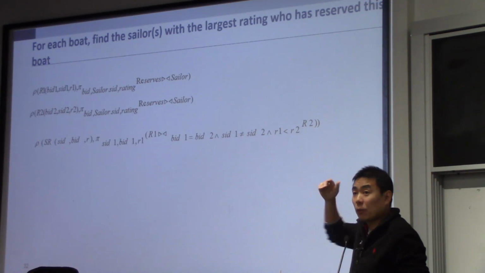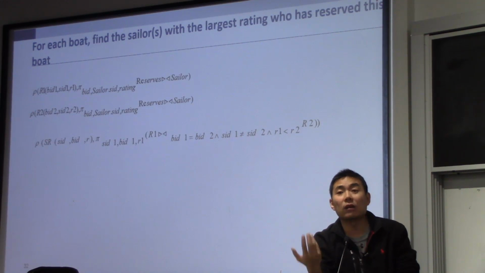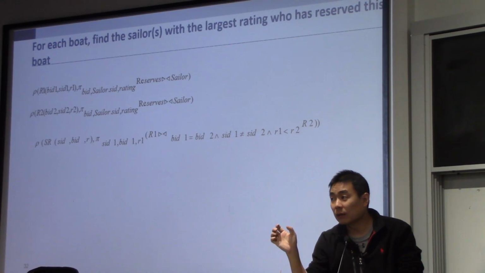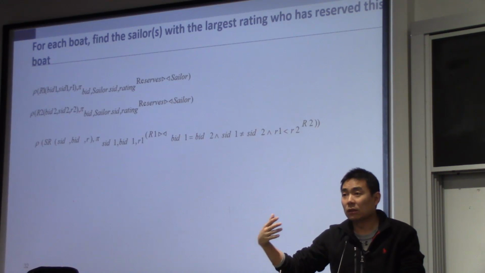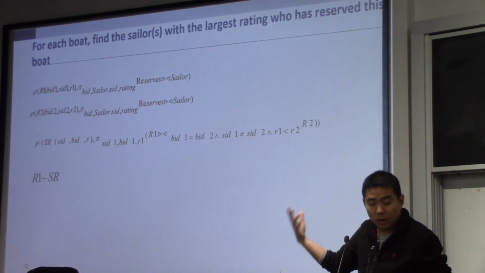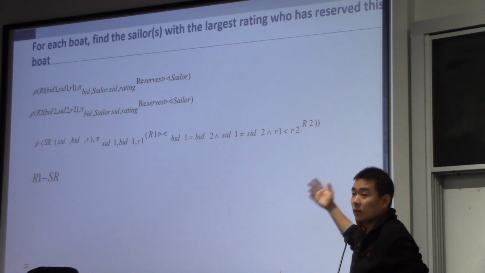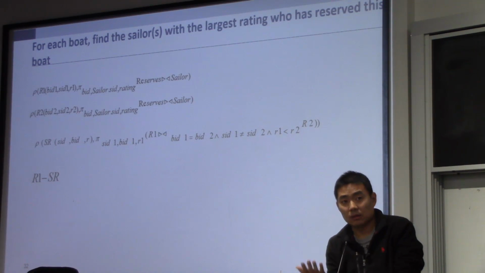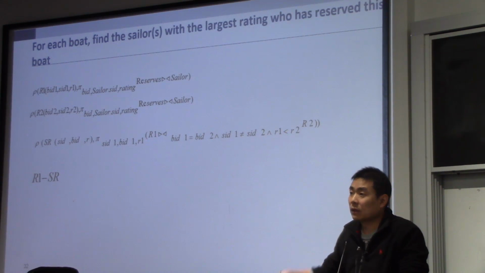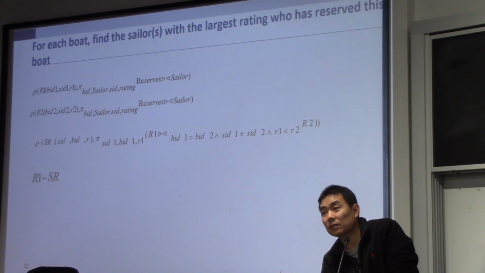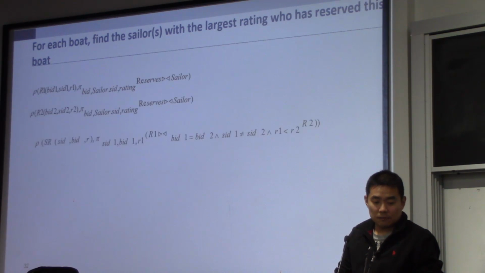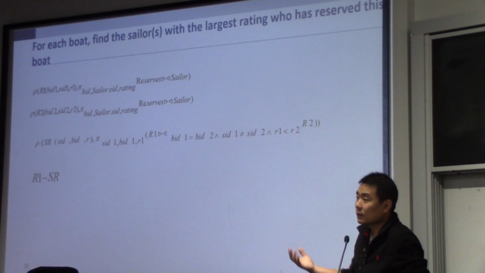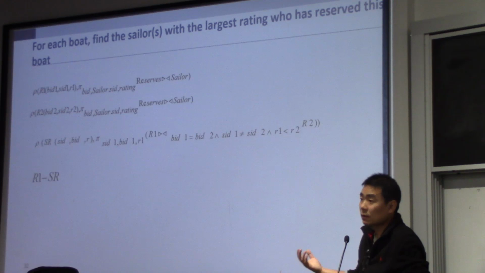Now you project out those with smaller ratings, not the larger one, because your goal is to find the largest rating. Then you take the whole thing and subtract away those with smaller ratings on a particular boat. Whatever is left must be the sailor who reserved that boat with the largest rating. Right? Exactly the same logic as before. Does that make sense?